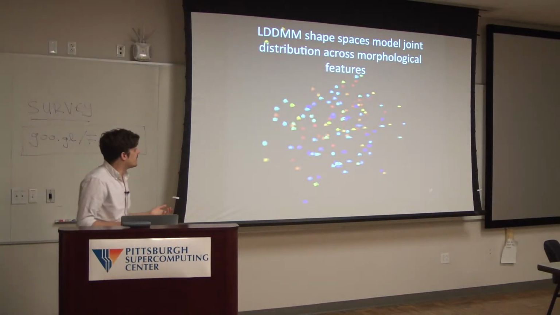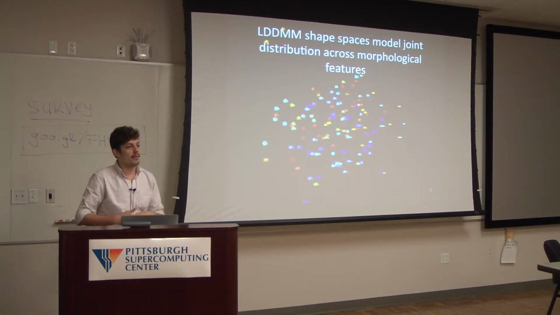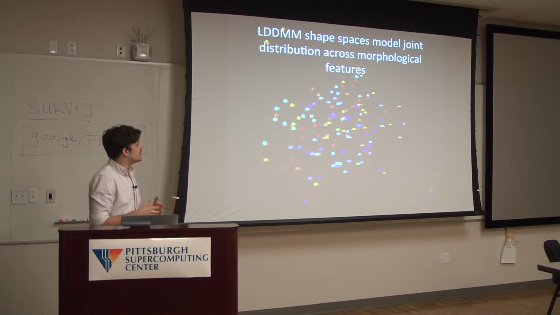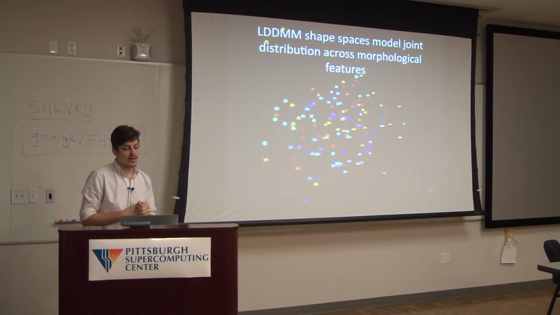A further advantage of this is when we measure a multitude of distances and form a complete distance matrix, after embedding, this space models the joint distribution between cells across morphological features.